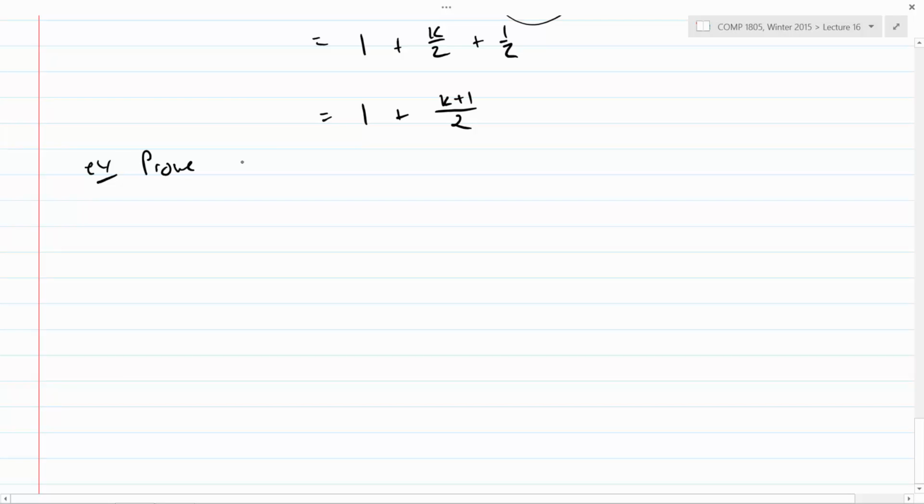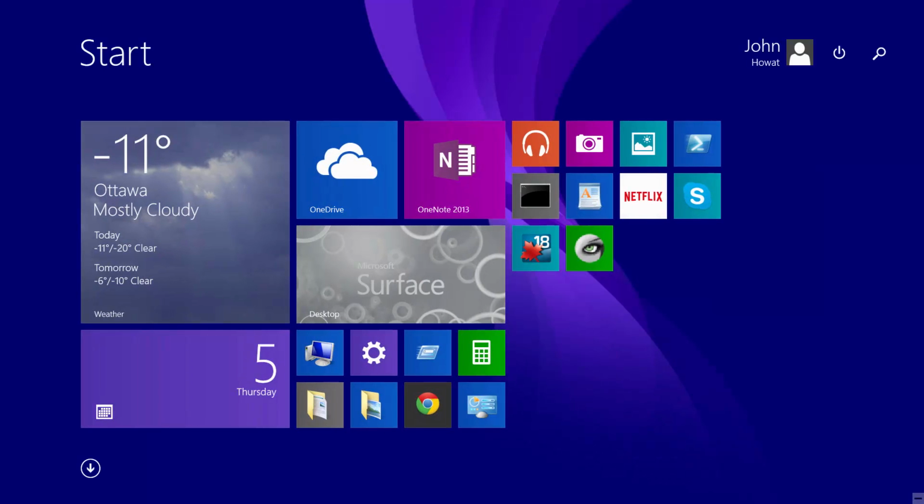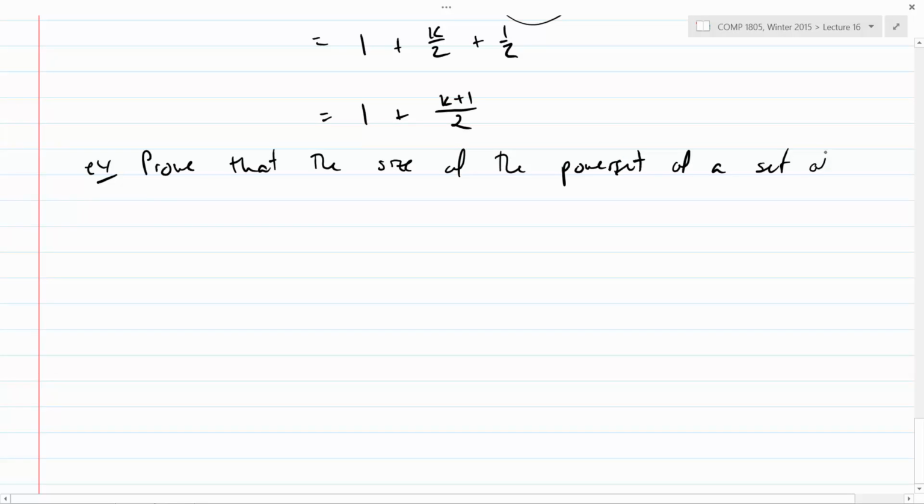So prove that the size of the power set of a set of size n is 2 to the n. That's what I'd like to do.